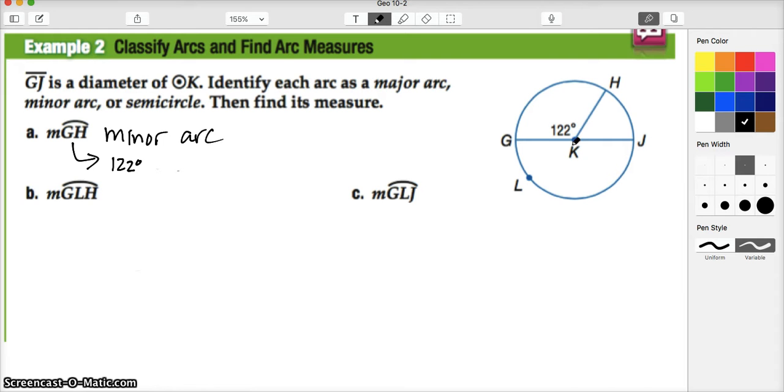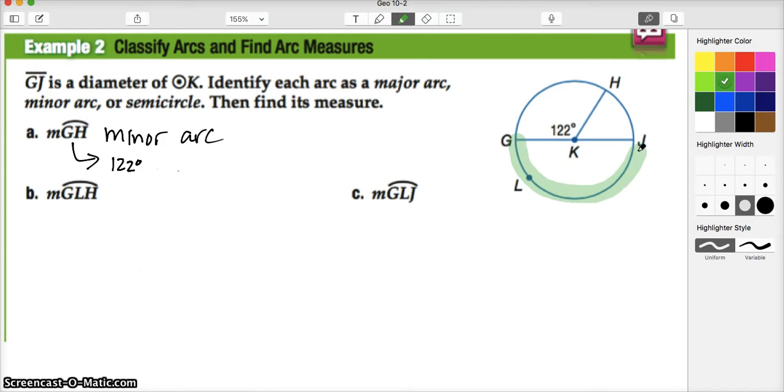Let's look at B. B is asking us about GLH. Let me highlight what we're referring to here. We're talking about this arc that starts there and extends all the way over here. If the two arcs got together, that whole thing will be 360, my bad. So we know we're going to do a little bit of subtraction.